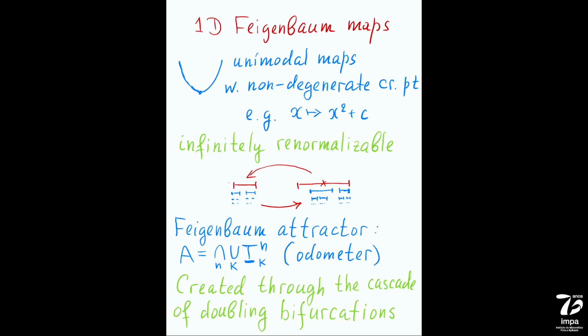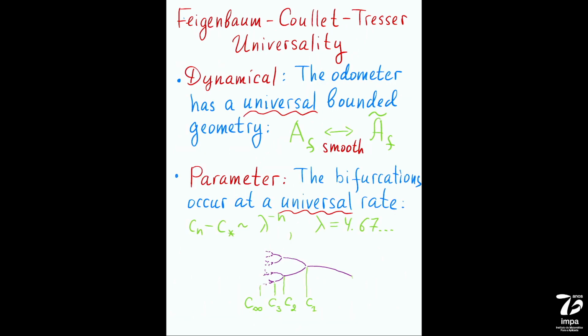These kinds of parameters are created through cascades of doubling bifurcations or tripling bifurcations or whatnot. And there is a very remarkable fundamental phenomenon discovered in the mid-70s by Feigenbaum, independently Coullet-Tresser. It is the universality phenomenon.